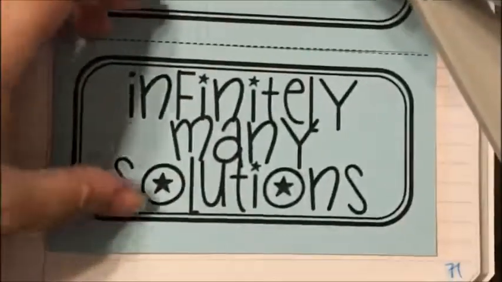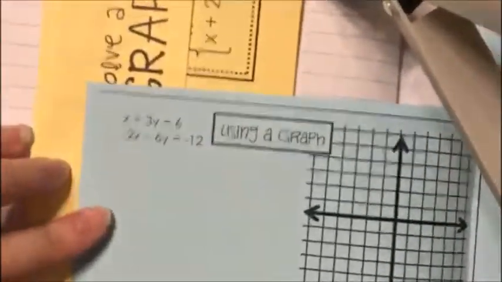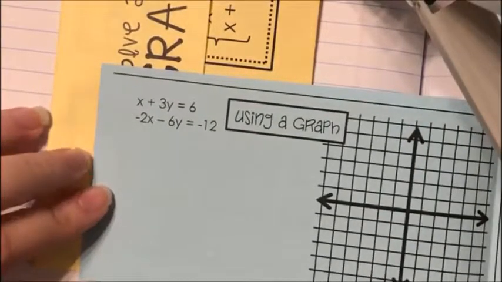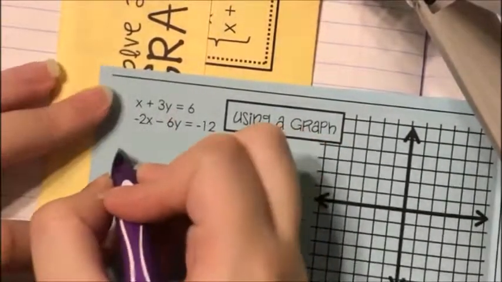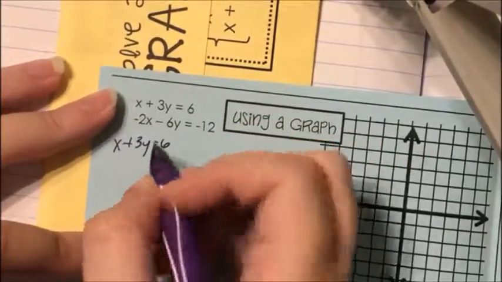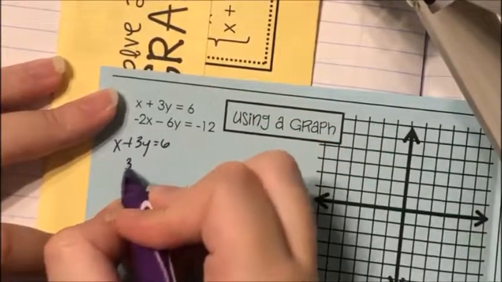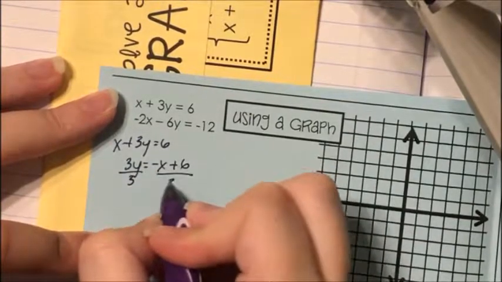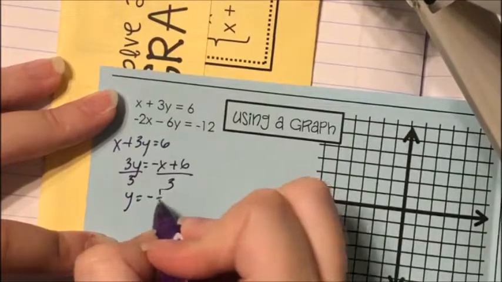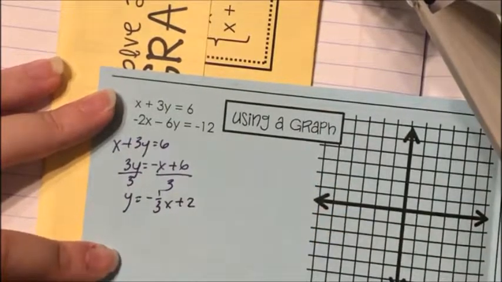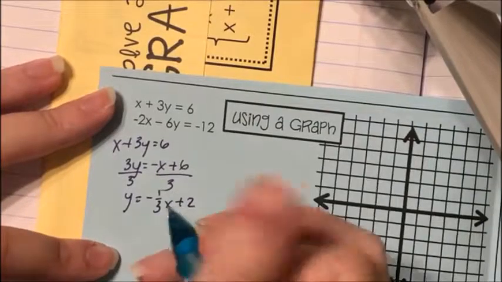Last one I have is infinitely many solutions. So again, I have two equations, neither of which are in slope-intercept form. So I'm going to go ahead and solve this. Okay, so there's my first one, y equals -3x plus 2.